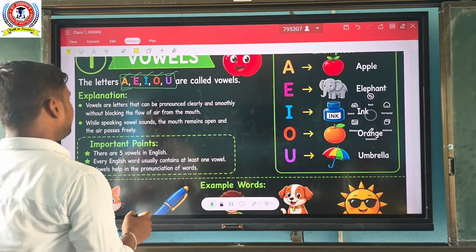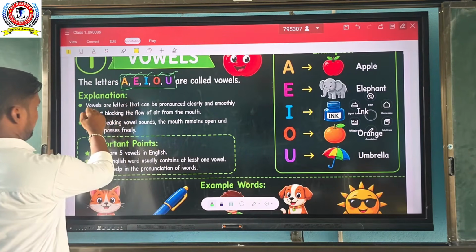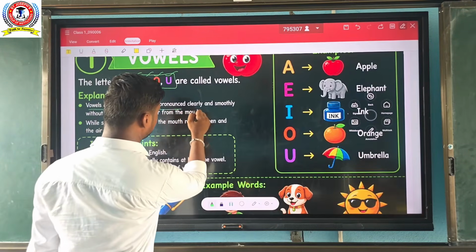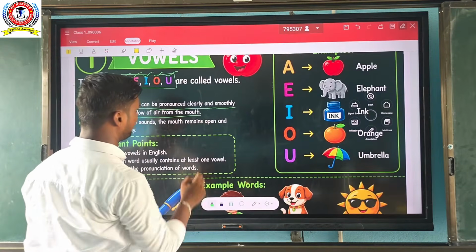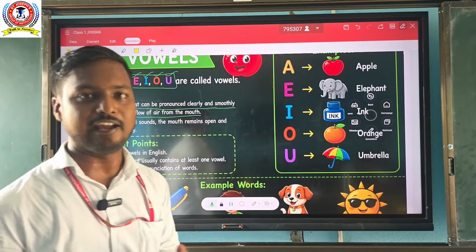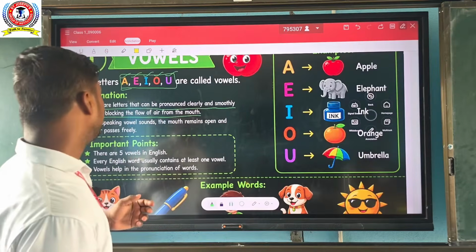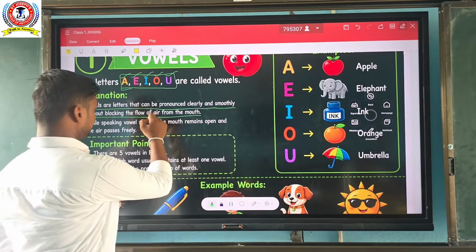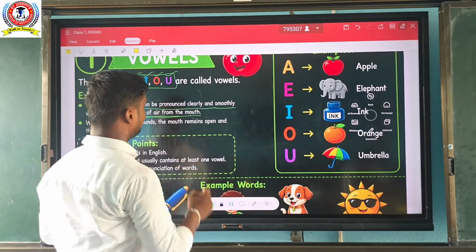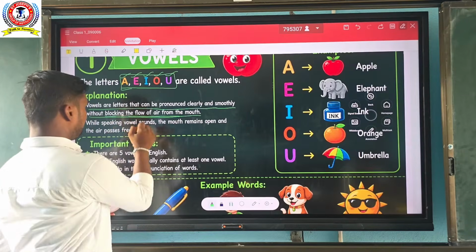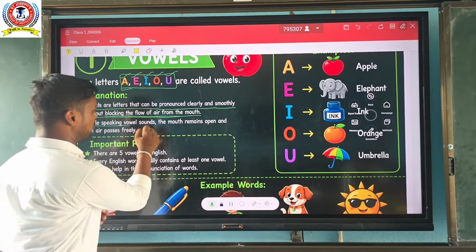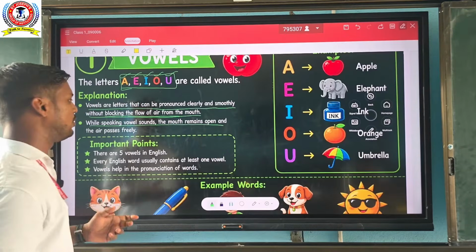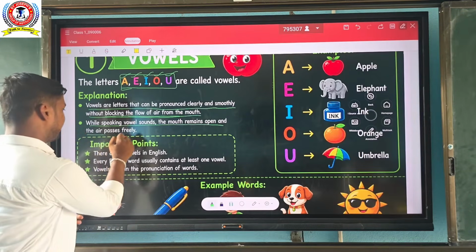Why? The vowel letters are the letters that can be pronounced clearly and smoothly without blocking the flow of air from your mouth. Whenever you are saying A, at that time the flow of air is not blocked. While speaking the vowel sounds, the mouth remains open and the air passes freely.